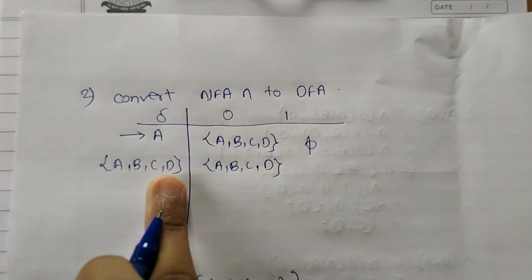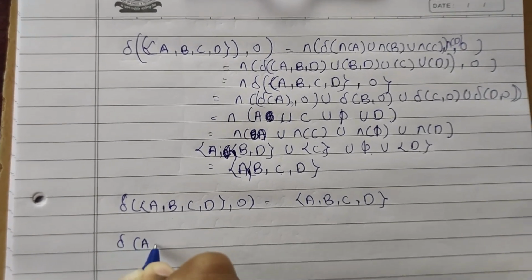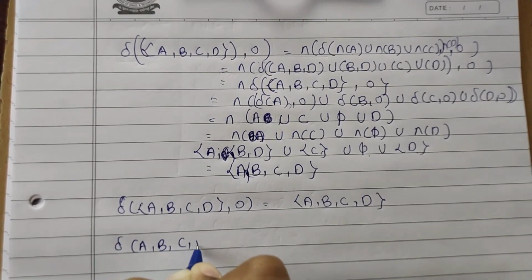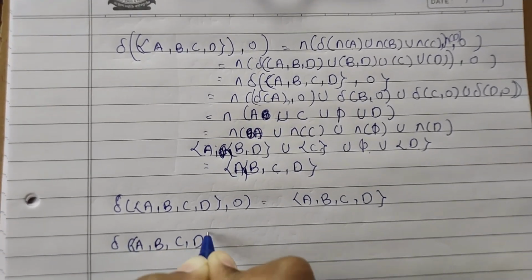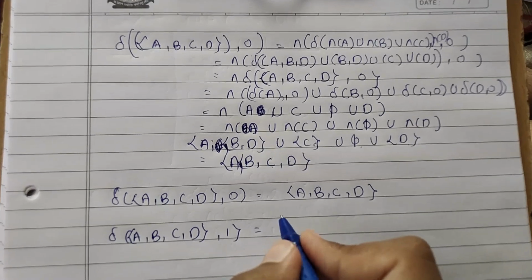Now we see A, B, C, D comma 1. So delta of A, B, C, D comma 1. The same procedure follows.